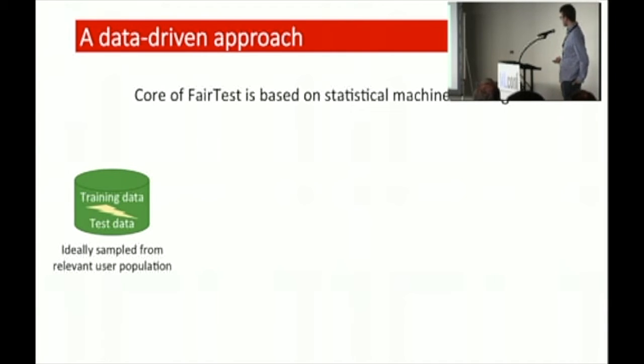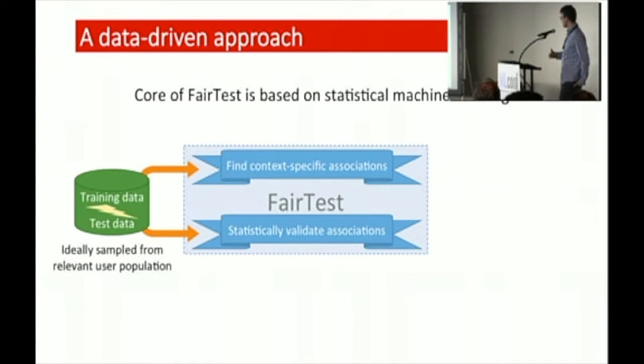Then we're going to split this into a training and a testing set, and we'll work in 2 stages, because we want our results to be statistically valid to avoid these false positives. In the first stage, we'll use the training data to find a large amount of potential bugs, so potential contexts in which your algorithm behaves badly.